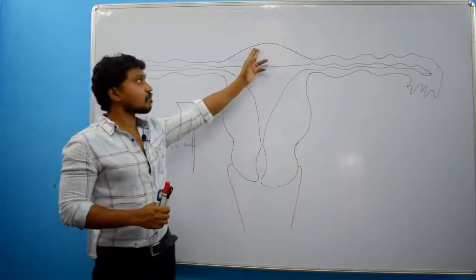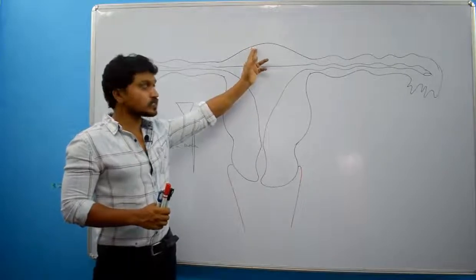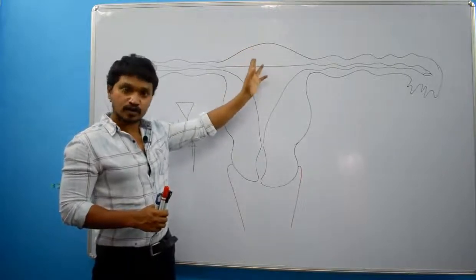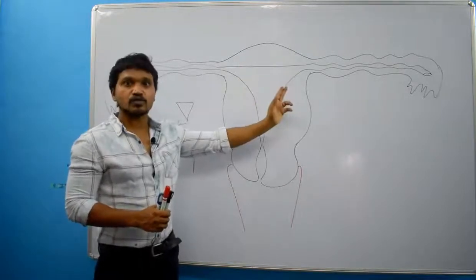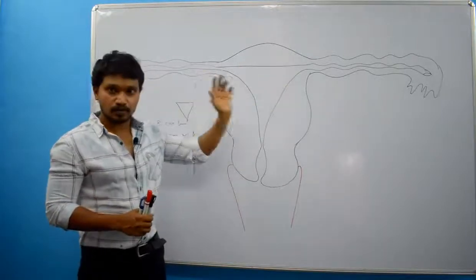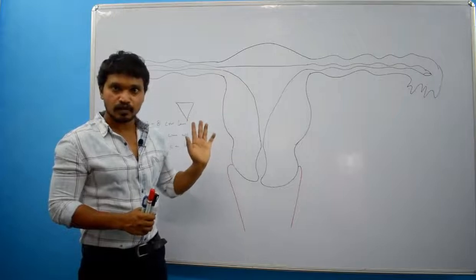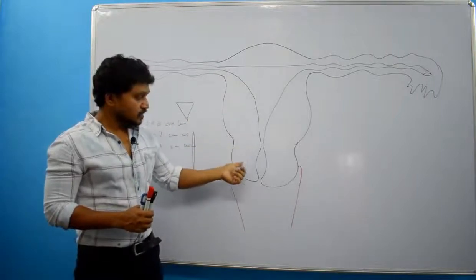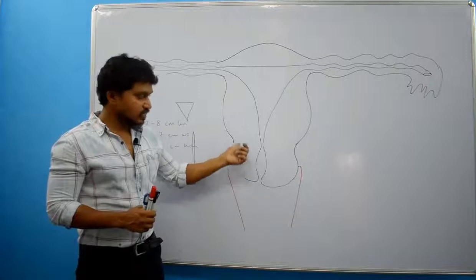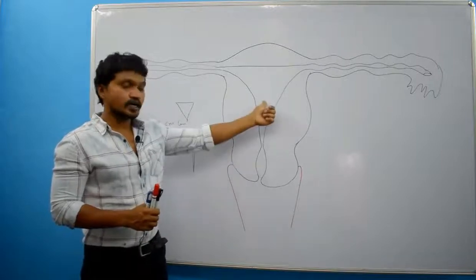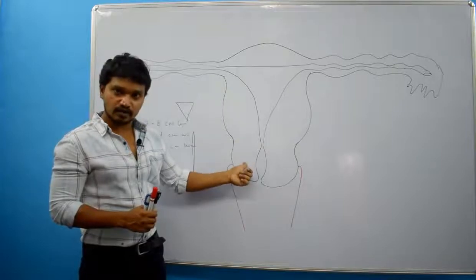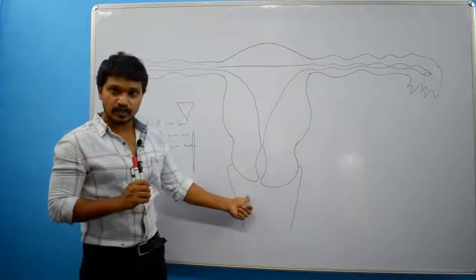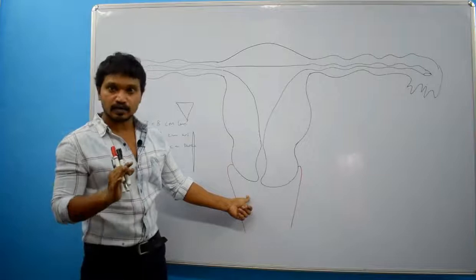It has a body and cervix. The body has an upper dome-shaped elevation, which we call the fundus. On either side you can find the cornu. At the level of the cornu there will be openings of the fallopian tubes. And there will be the cervix. This is the cylindrical cervix and dilated body. The cylindrical cervix opens into the vaginal cavity or vaginal canal.